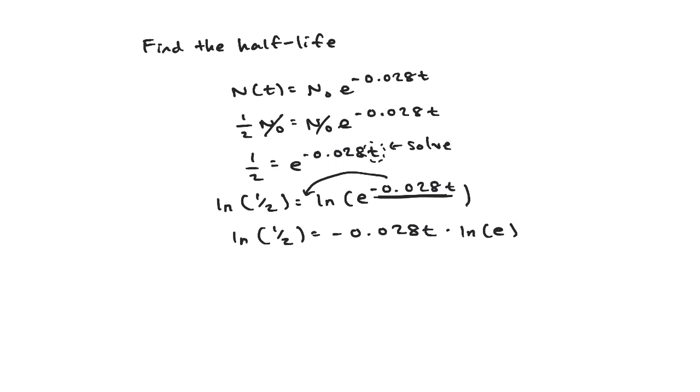We also saw a property that said that the natural log of e is just 1, because this is asking what number I must raise e to in order to get e. So this here is going to be 1. So I get the natural log of 1/2 divided by minus 0.028 is equal to t, which, if we plug this into the calculator, we would end up getting about 25 years.